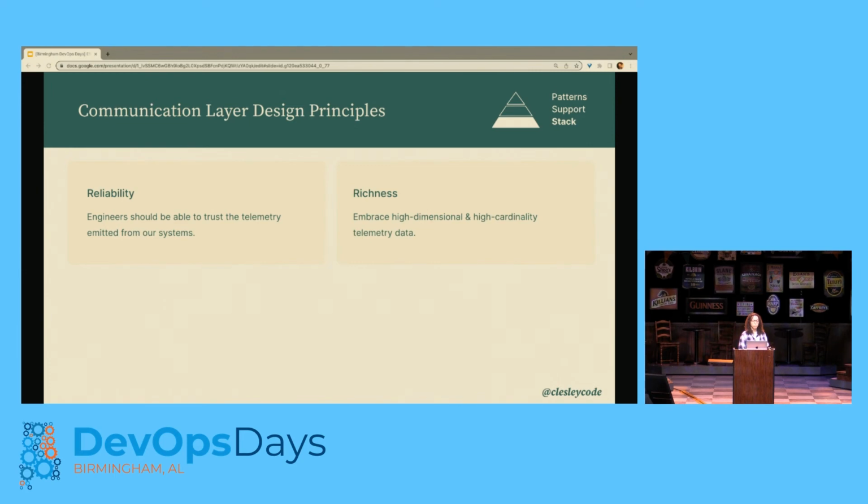And the next design principle we have is richness, which basically just expands the way that we think about telemetry to include an added flexibility that allows us to collect data specific to the service and environment that it's being emitted in. I kind of talked around this point earlier, but part of defining your specs for your telemetry is also defining how a service would emit service-specific data. Like what about your Kubernetes environment, for example.